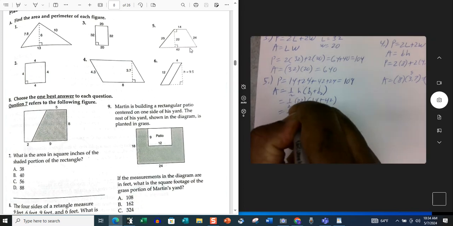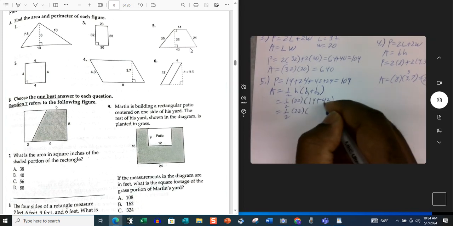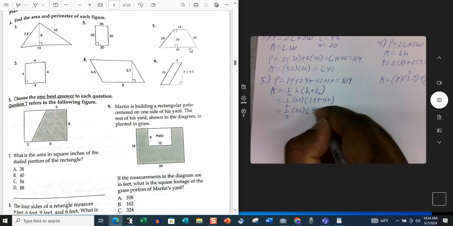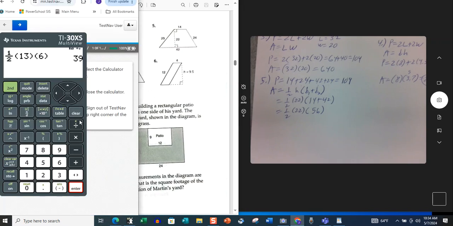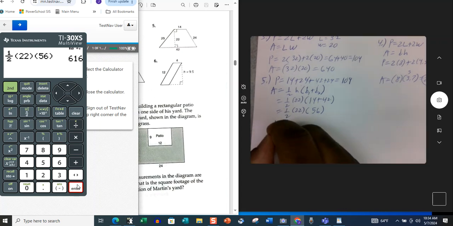So we have 1/2 times 22 times 14 plus 42 is 56. So we could put that in our calculator. We could hit N over D, 1 for the top, 2 for the bottom, and we'll do a parenthesis, 22, close that parenthesis, open parenthesis, 56, close the parenthesis and press enter. So that's 616.